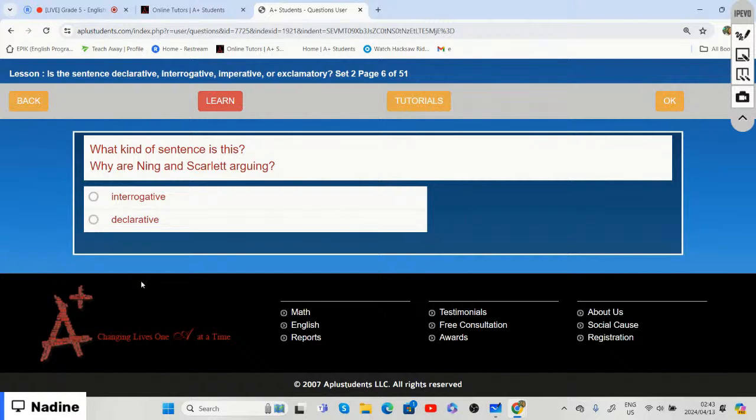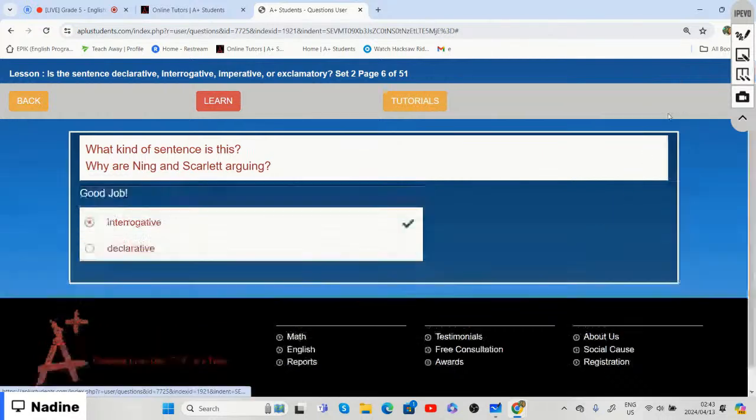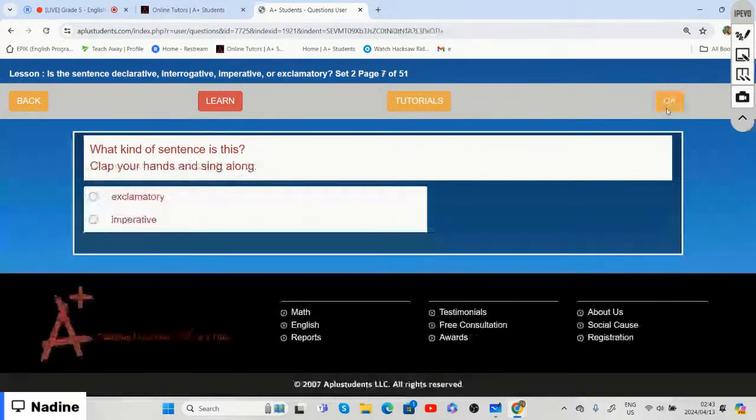So why are they arguing? And we see this is an interrogative sentence. Yes, well done. Right? And remember, an interrogative is where you think of them asking you questions, right? So it's a question with a question mark.